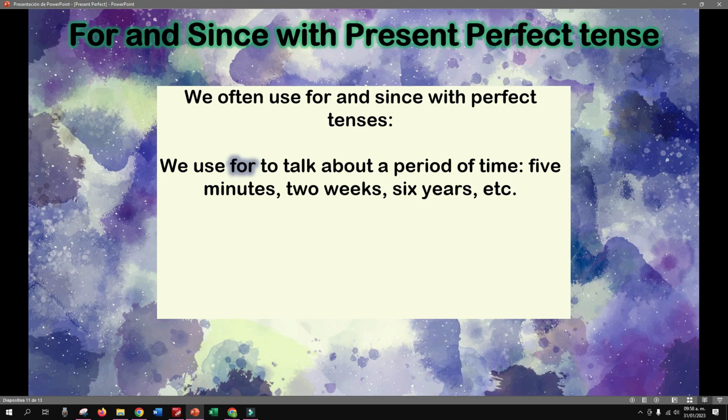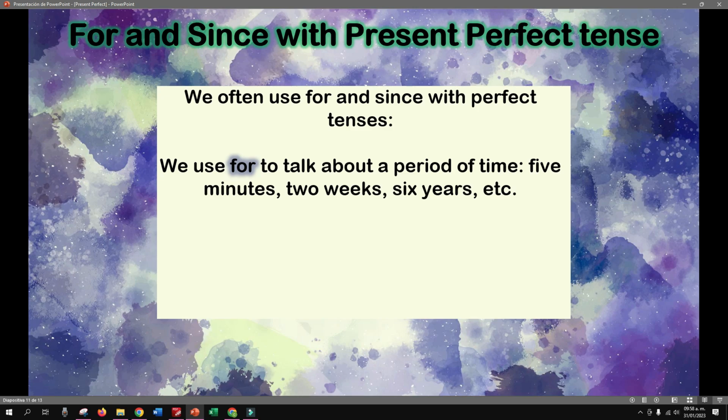When you're talking about a period of time, you're going to use for, right? For example, for 5 minutes, for 2 weeks, for 6 years, for 3 days, etc., right?